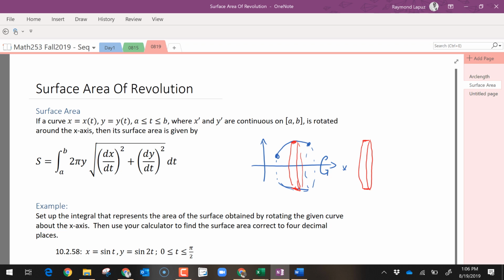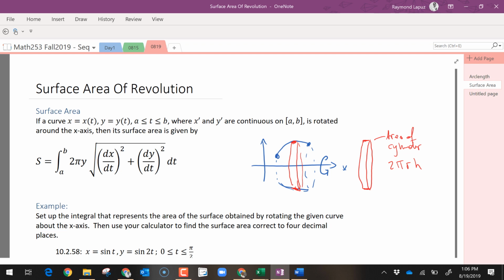Surface area. So area of cylinder is 2 pi r h. So we just need to figure out what r is and what h is. Yeah, that's all you want, because you're going to add up a bunch of sides of cylinders.